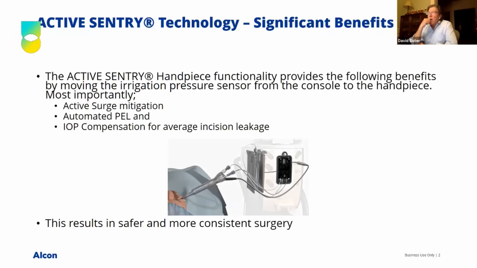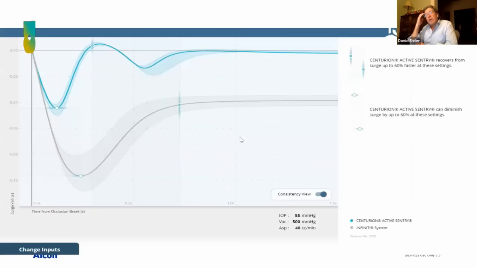Next slide, please. So one of the things that I'll show you in terms of comparison is Active Sensory versus Infinity, which used to be the gold standard in terms of surge. This shows you the curve or the response over time to surge. It's essentially how much fluid is flowing outside or from the eye.